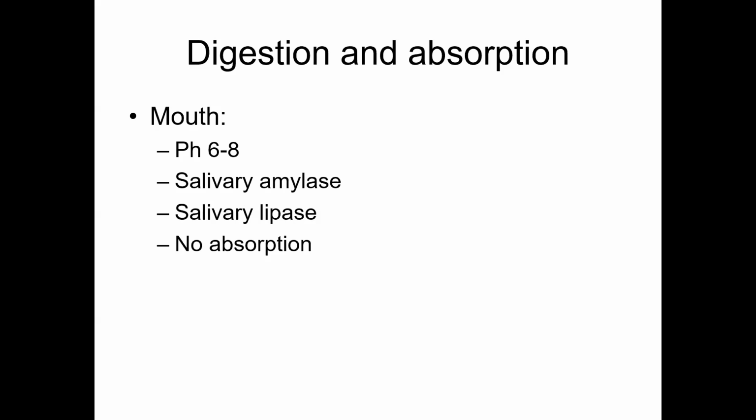Those are physical digestion. How about chemical digestion in the mouth? There is an enzyme in the saliva, salivary amylase, which can chemically digest carbohydrates. So for chemical digestion, only carbohydrates can be digested in the mouth because of this amylase.